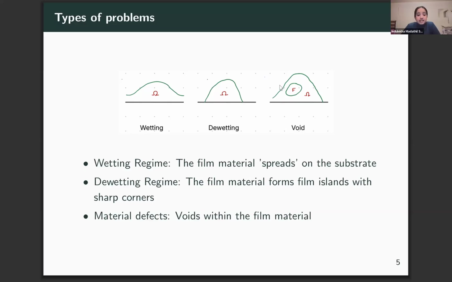In the wetting regime, the film material spreads on the substrate, whereas in the de-wetting regime, they form islands with sharp corners. And when we talk about material defects, we are talking about voids within the film and how those affect the morphology of the film. These three problems are analyzed differently, and they present their own challenges.